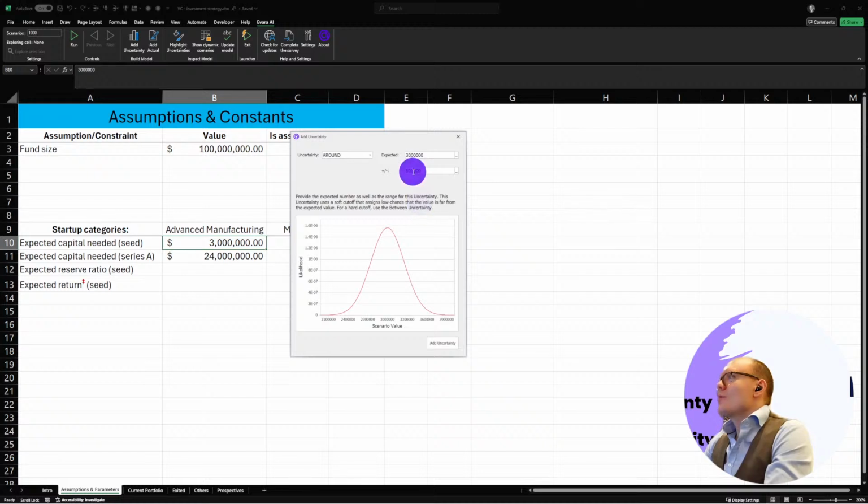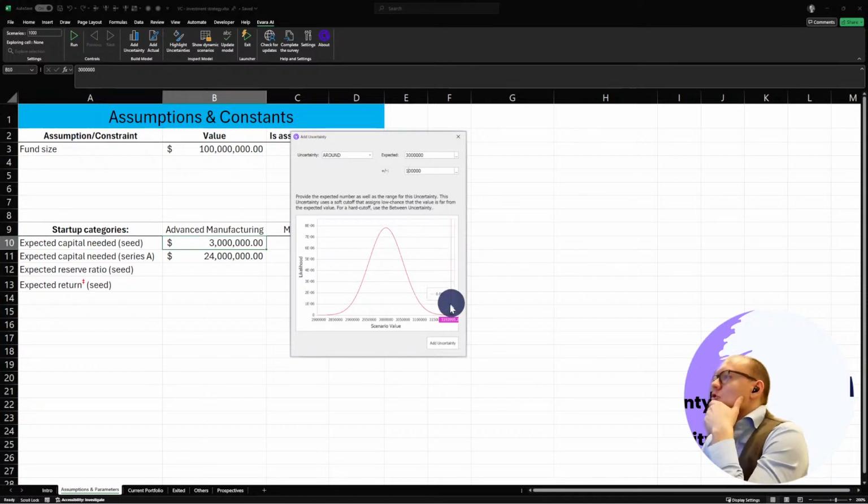Or perhaps double that. So maybe we're going to say 500,000. Maybe a million. Let's do a million. Plus minus a million. So you can see now what we're observing down here is what this looks like. Right now, I just need to be sure that this does work.